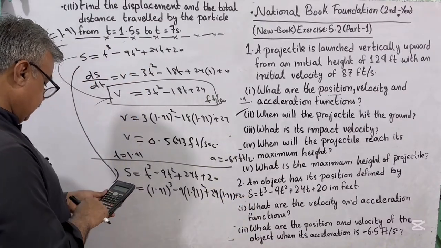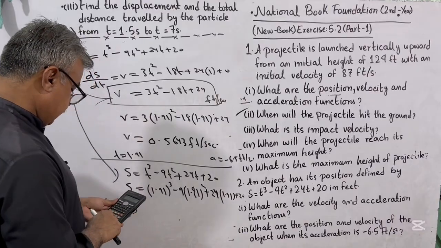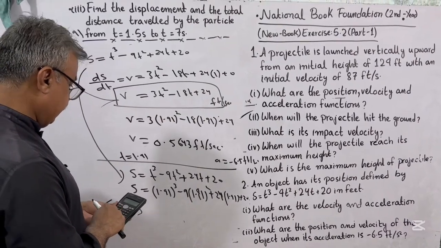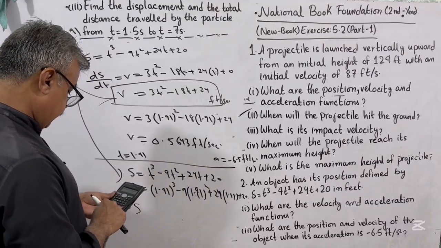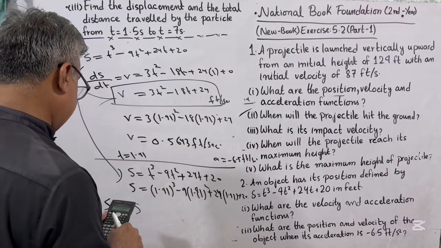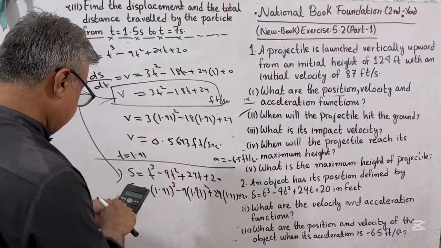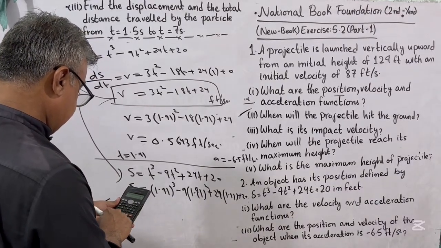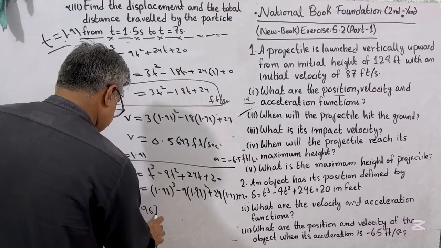We utilize the calculator. 1.91 cube is 6.967.